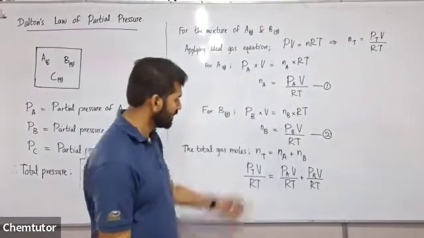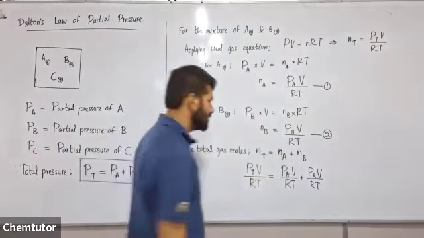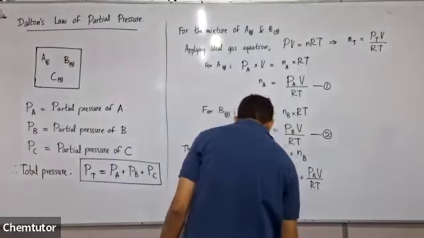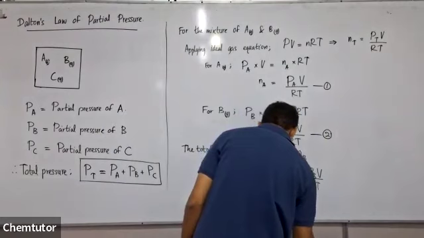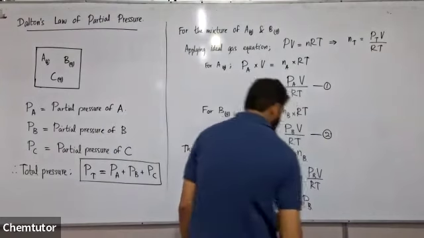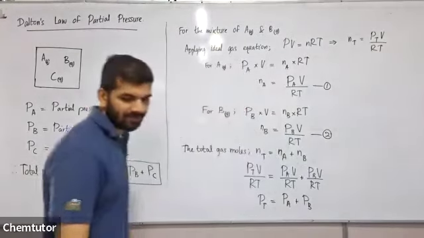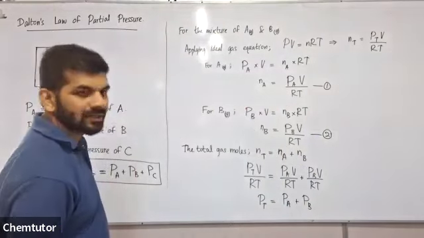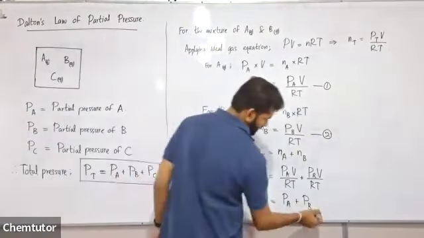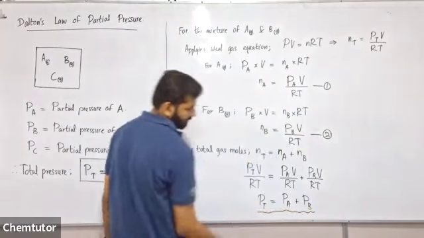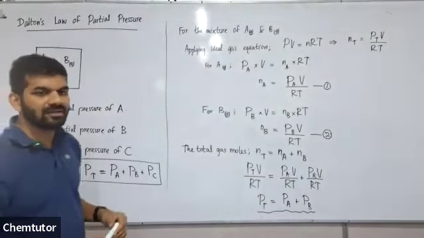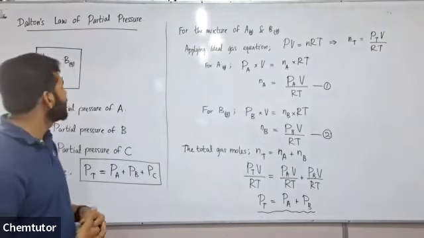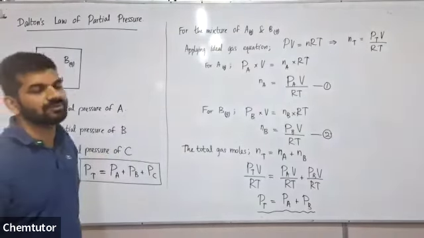Alright. Then V over RT is a constant. So we can say that the total pressure equals PA plus PB. Okay. So that is how we derive it. Is it clear? Did you understand the ideal gas equation for mixtures? Right. So then you can copy this down.